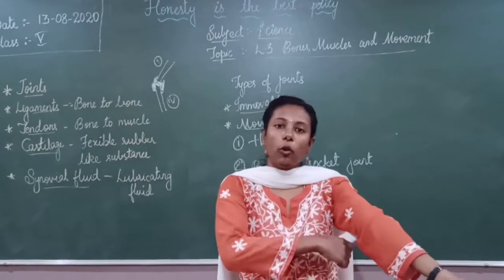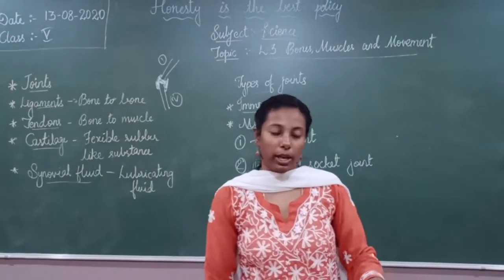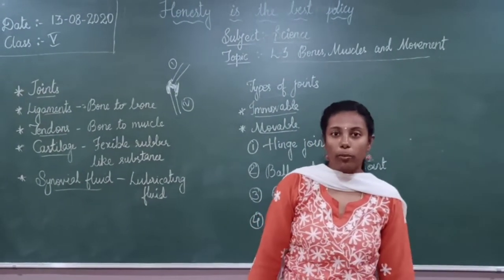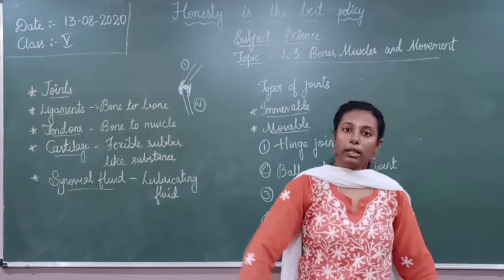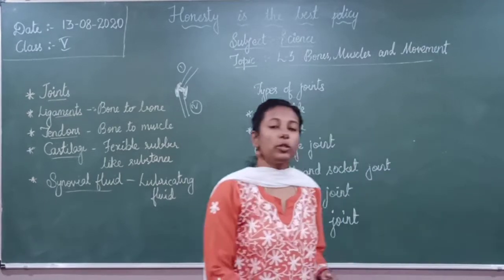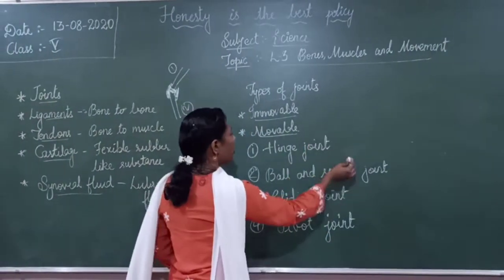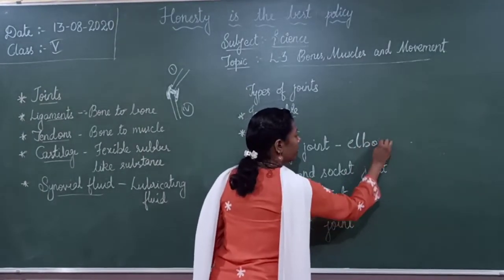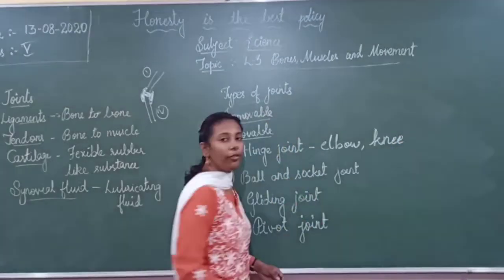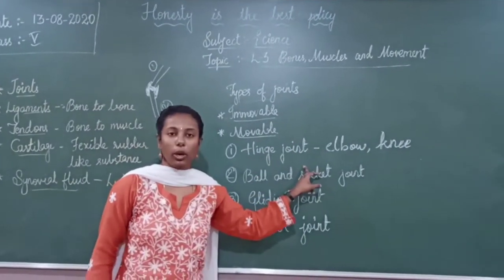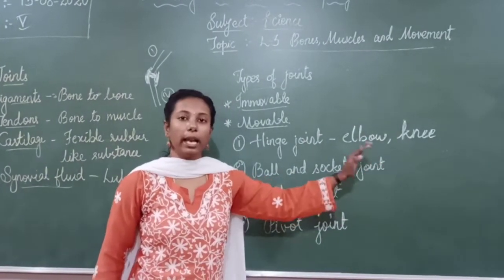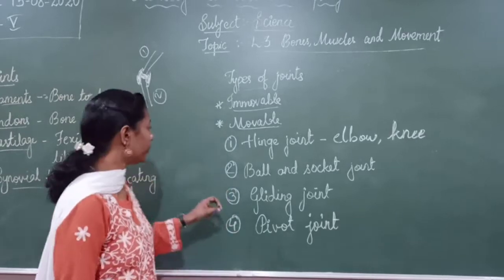You cannot fold it the opposite way. And your legs also. The knee, you can fold the leg backwards, but you can't fold it frontward. So the elbow and knee joints are made up of hinge joint. Okay children? So hinge joint allows movement of bones only in one direction.